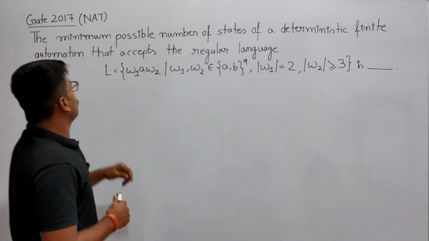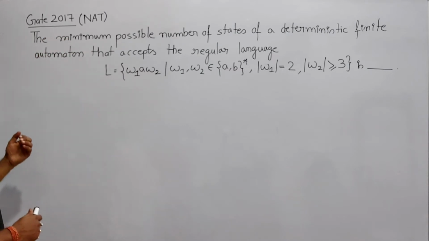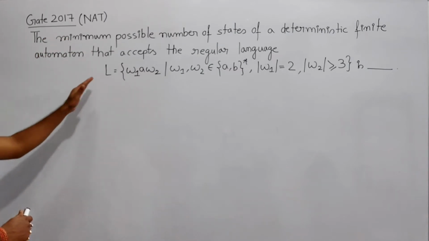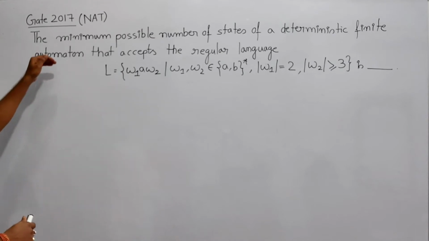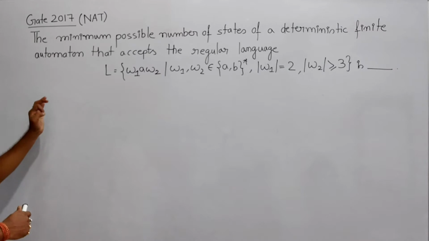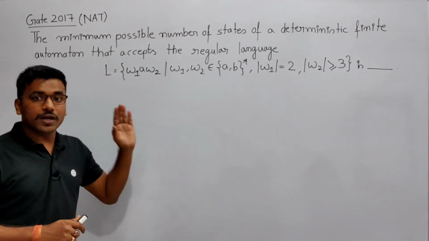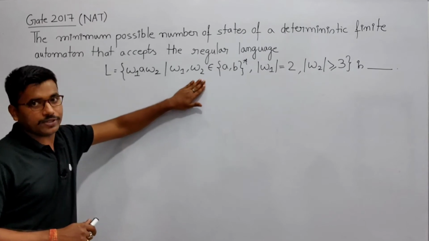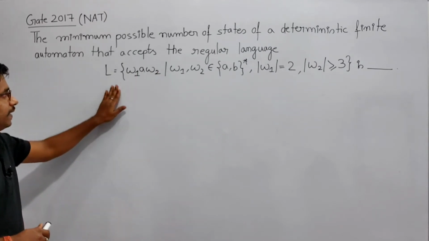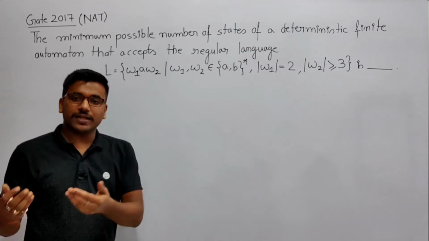Okay. So it is saying the minimum possible number of states of a deterministic finite automaton that accepts the regular language given here. What is going to be the minimum possible number of states of a DFA for this regular language? You know that if we can give a DFA or FA for a language, then it is a regular language.